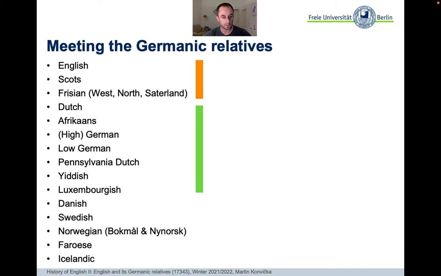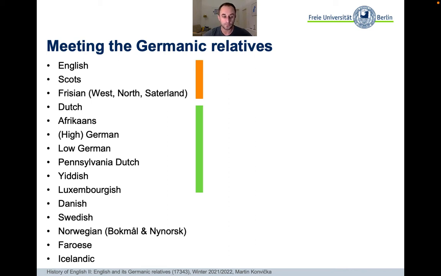It's a language based on German dialects, so it's only indirectly related to Dutch as spoken in the Netherlands. Pennsylvania Dutch is a Germanic variety that is spoken pretty much exclusively, although not exclusively, by religious minorities in North America or in the US.